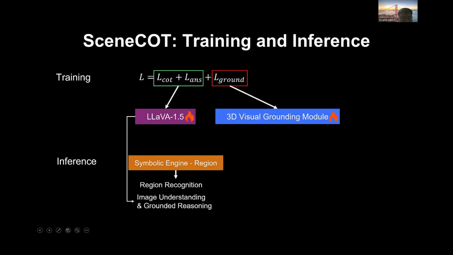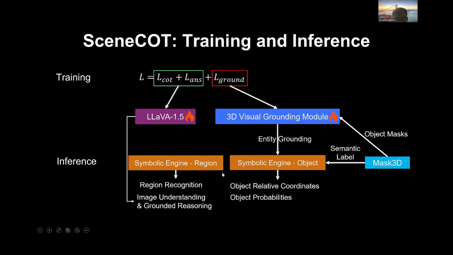Then in the inference stage, the foundation model will be used to conduct image understanding and grounded reasoning, as well as the region recognition. Our 3D visual grounding model will be used for visual cue construction.